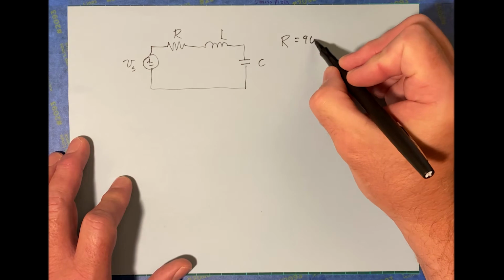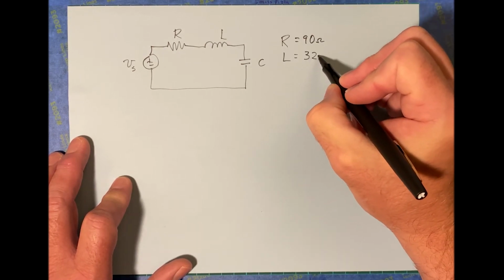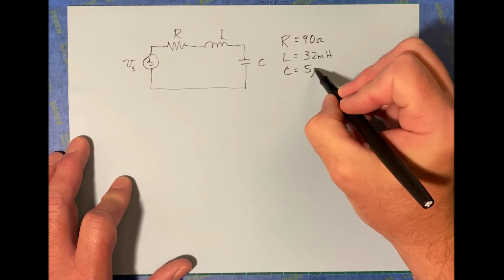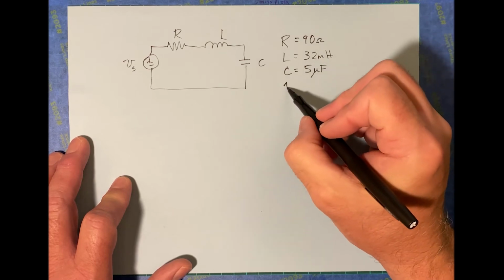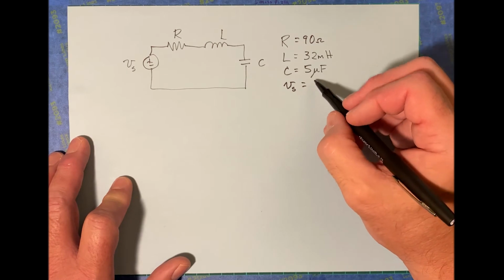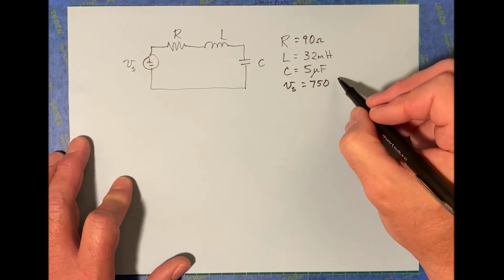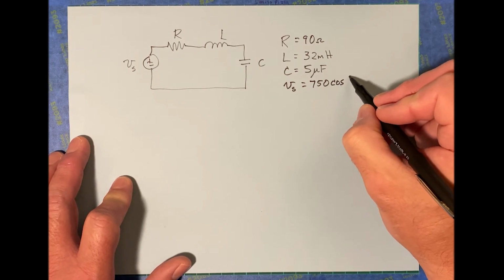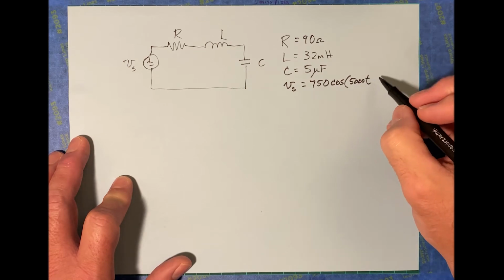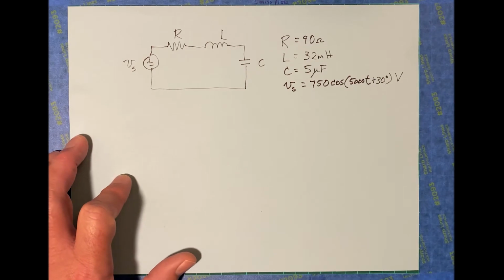Let's say R is equal to 90 ohms, L is equal to 32 millihenry, C is equal to 5 microfarad, but this is something we haven't encountered before. Let's make this a time-varying voltage function that is sinusoidal. So 750 times cosine of 5000 t plus 30 degrees volts.